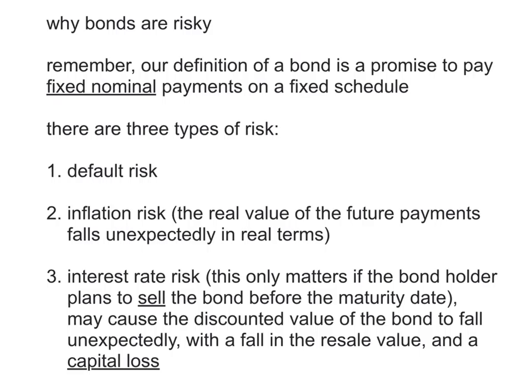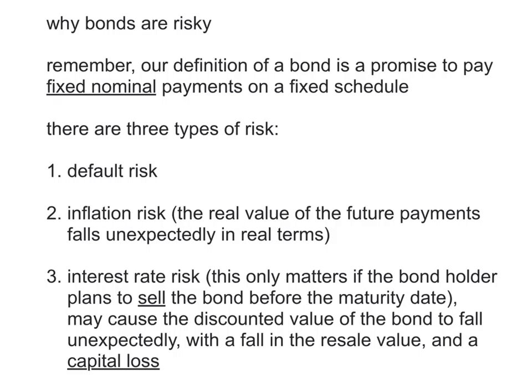Second thing, inflation risk. If I'm promising to pay you, the buyer of my bond, a fixed nominal rate of interest, and inflation goes up, you are worse off because your real return has fallen.